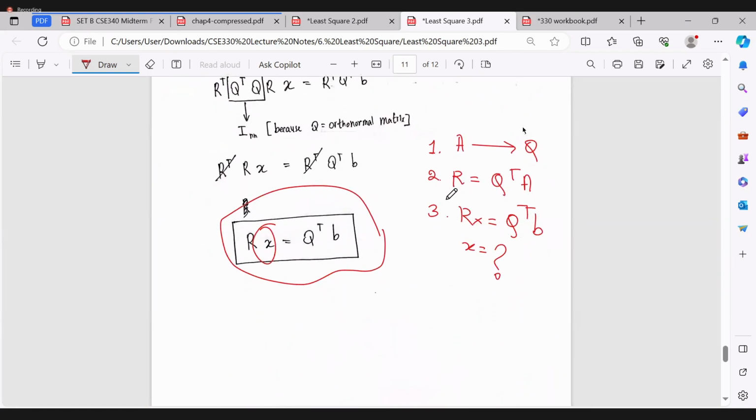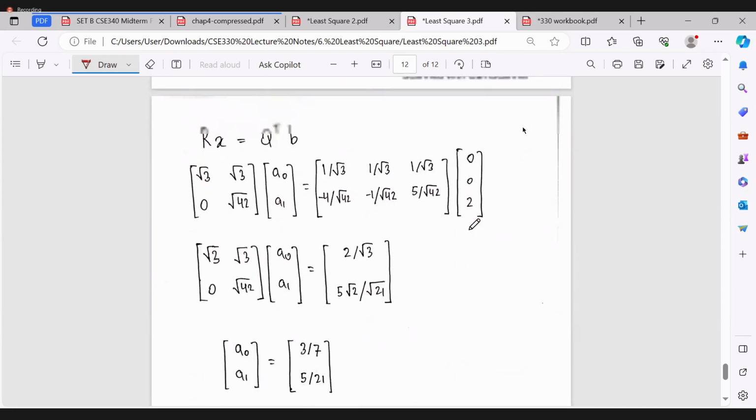And then the third formula is this: Rx is equal to Q^T B. So you have your R. Now you know your X. Your X is a0 and a1, that means these are the variables that you need to find. Q transpose and B are given, right? B is given.